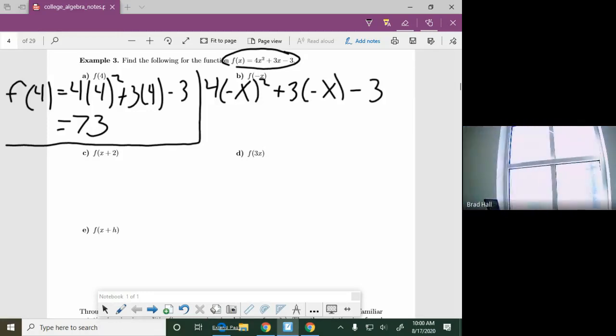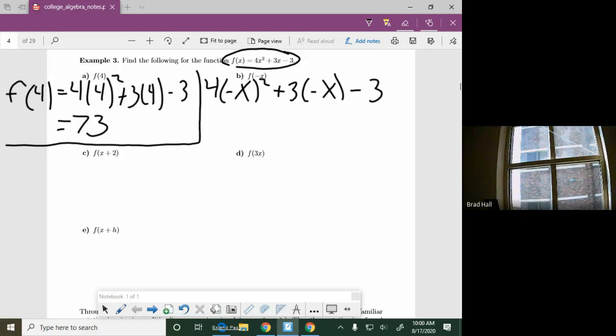I'm using these parentheses every time I substitute. If you were not to use the parentheses, chances are you would misinterpret the problem. There's a chance you might see 4 minus x squared, for example, in that first term, which is not correct. So that first term is 4 times (negative x) squared.